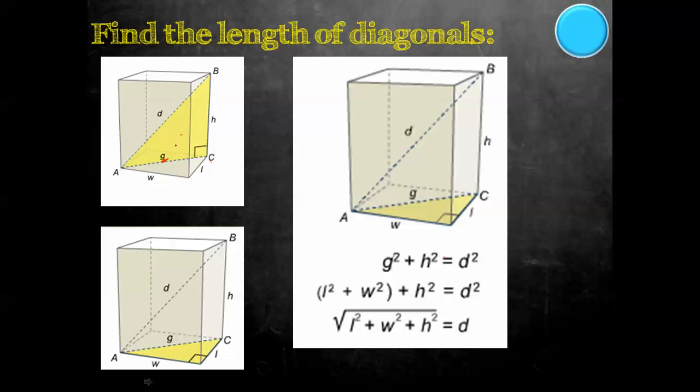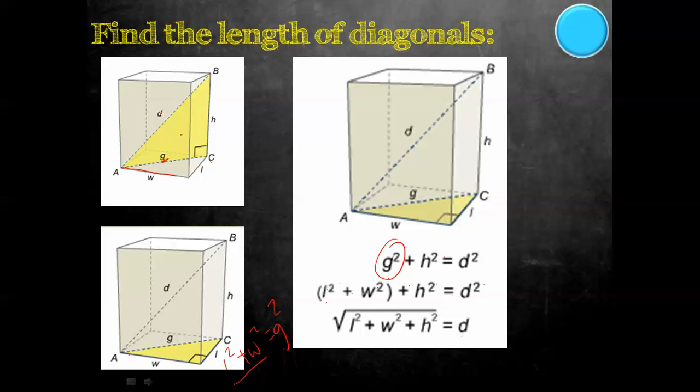So what we want to do is first find this triangle down here, and the way we would do that is L squared plus W squared equals G squared. So now all we have to do is plug that into G squared: L squared plus W squared plus H squared equals D squared. Then we just take the square root of everything.